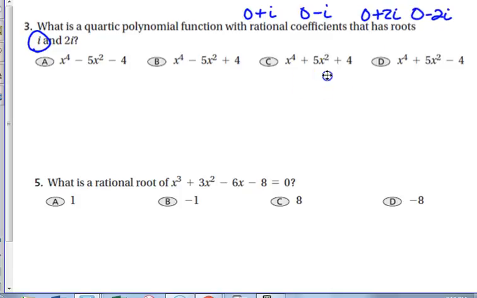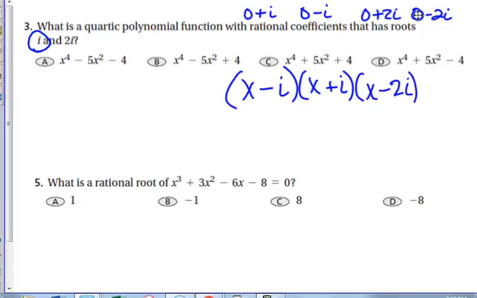All right, now we've got 4 of them to worry about. If we did x minus the positive i, x minus the negative i, which would become plus, x minus the 2i, and x minus the negative 2i, because it's always minus, it would become plus 2i.